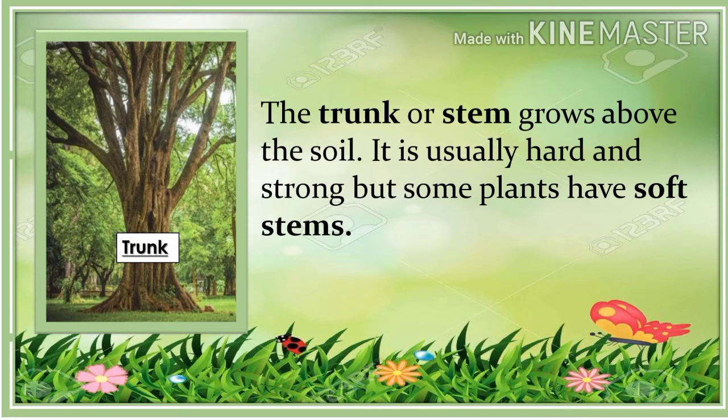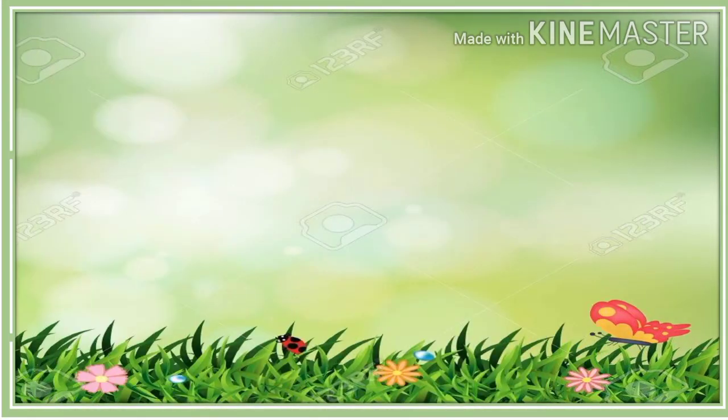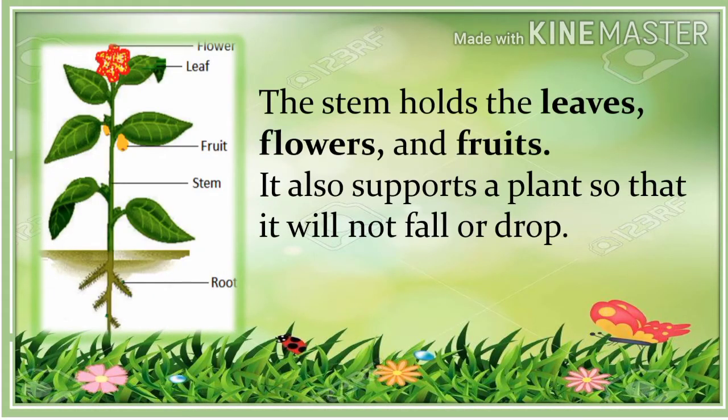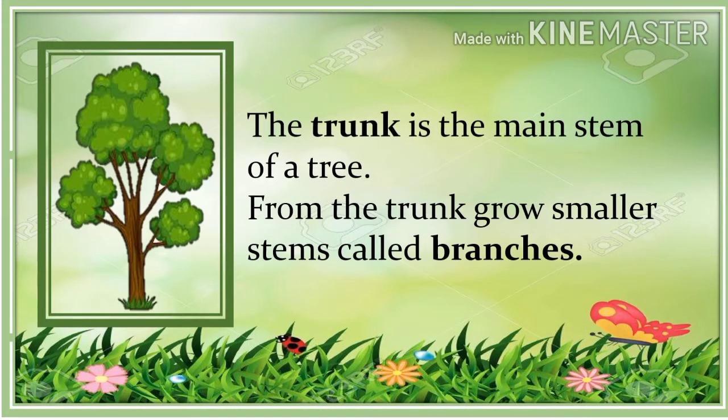The stems bring water and dissolved minerals from the roots to the leaves. The stem holds the leaves, the flowers, and fruits. It also supports a plant so that it will not fall or drop. The trunk is the main stem of a tree.